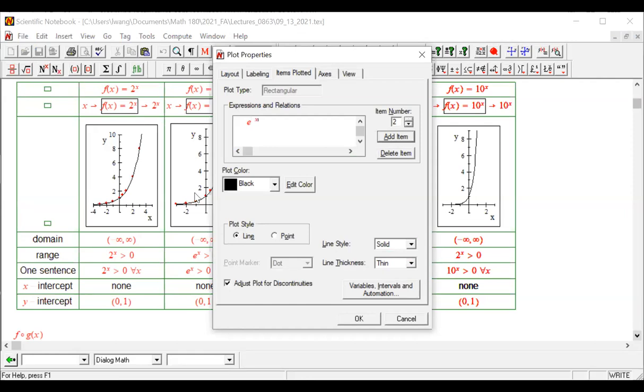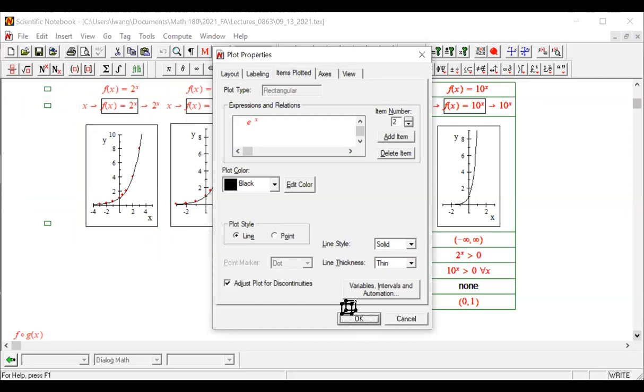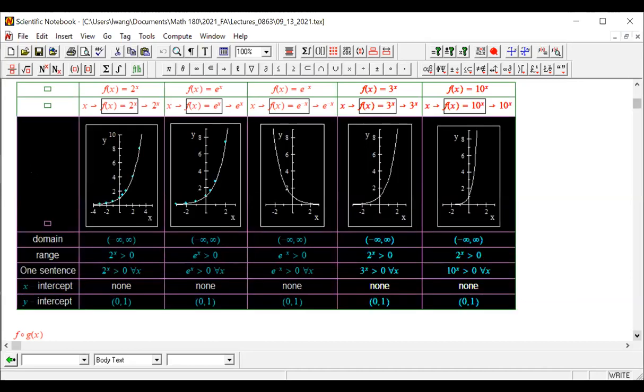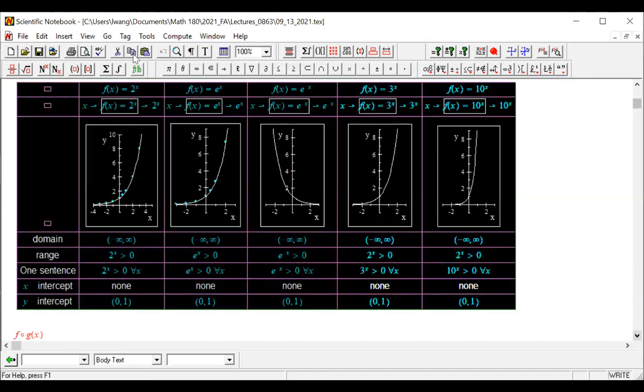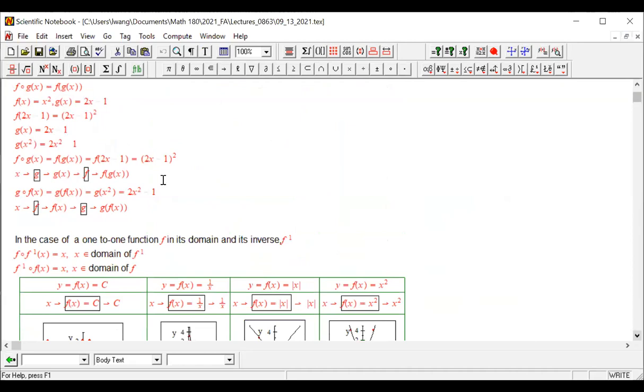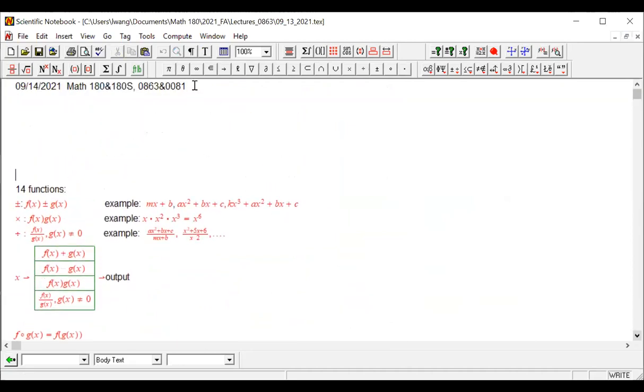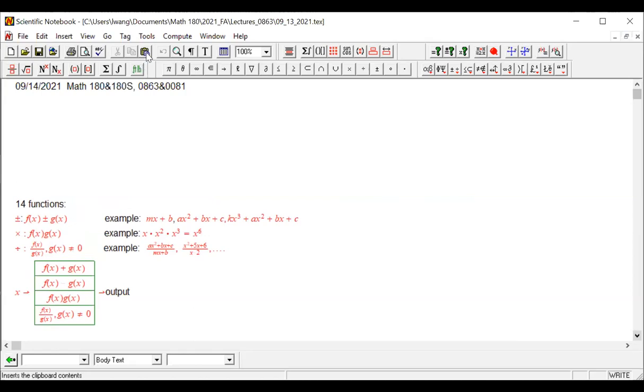I have no idea. It's okay, we'll fix it. But anyway, now look at these functions. We're about to introduce the logarithm. So those are composition functions, right?